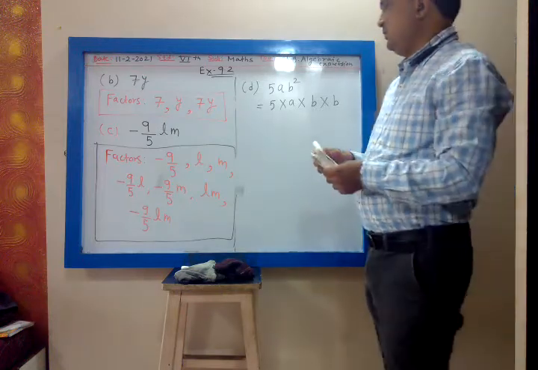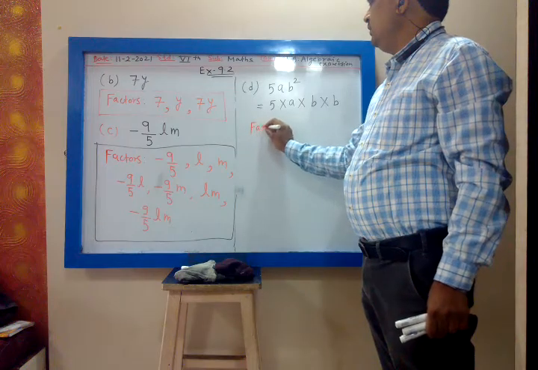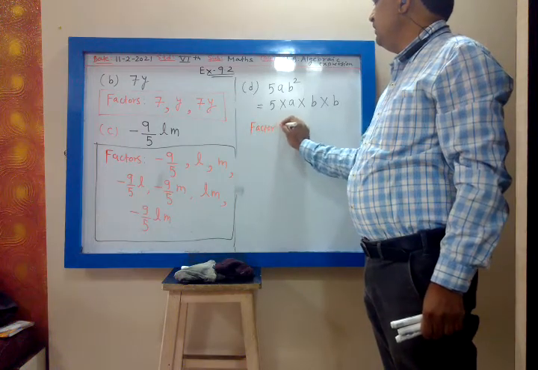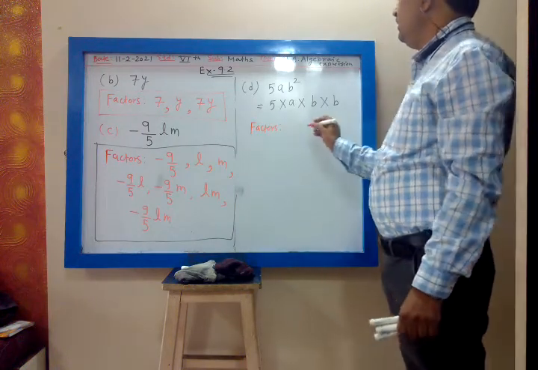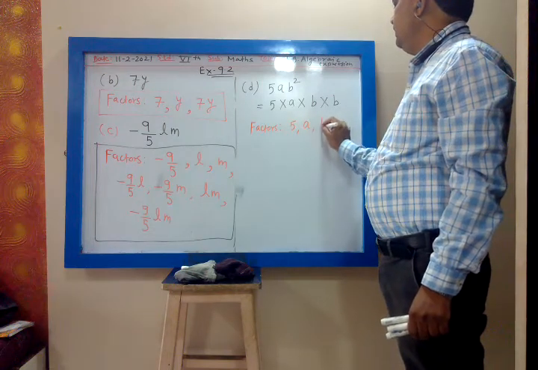So what will you write as the factors? Factor with one term. So what is that? Factor with one term: 5ab.